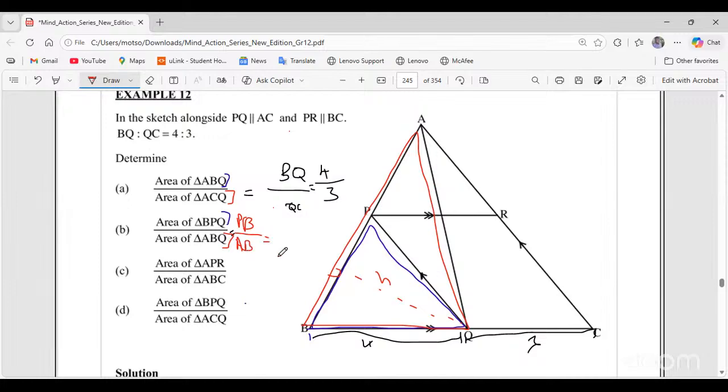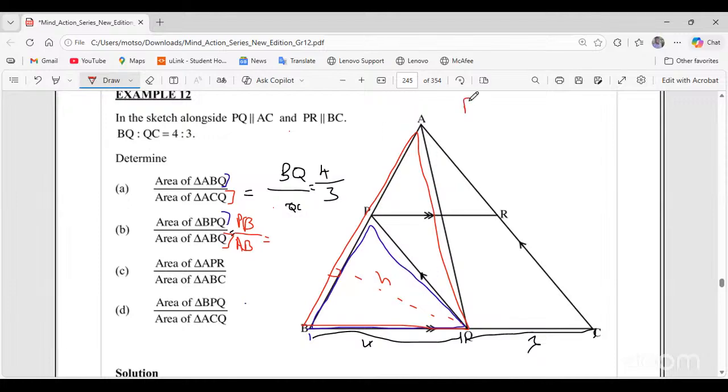Now, who knows the length of that side, or the ratio of PB and AB? We don't know. But since this line is parallel to that line, the proportionality theorem applies. We can say this over this is equal to that over that.